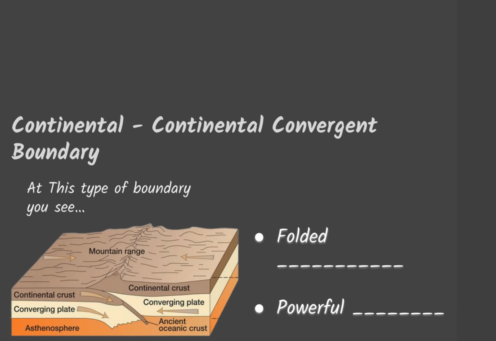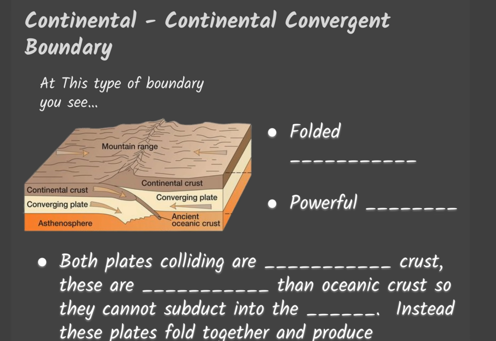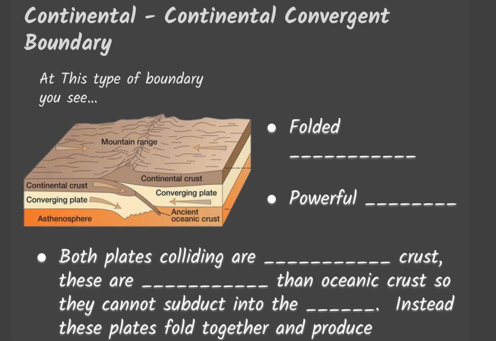Then the last type of convergent boundary is a continental convergent boundary. And when two pieces of continental crust meet, we get folded mountains. These are not volcanic mountains. These are just large mountain ranges from the crust coming together and folding, and we get some of the most powerful earthquakes happening at these as well. In fact, you would get earthquakes at all three types of convergent boundaries, but often some of the most powerful ones are happening here.